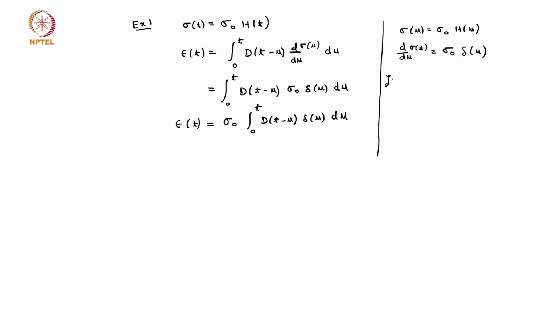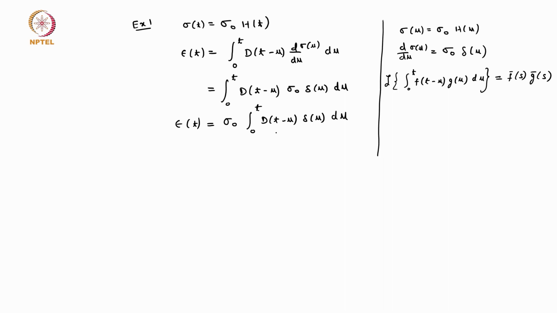It says the Laplace of this integral, from 0 to t of f of t minus u times g of u du, can be written as the product of the two functions in the transform domain, which means F of s times G of s. Here we identify the first function f as D and the second function g as the Dirac delta function delta of u.